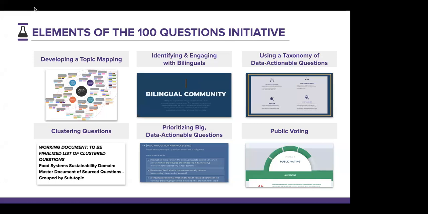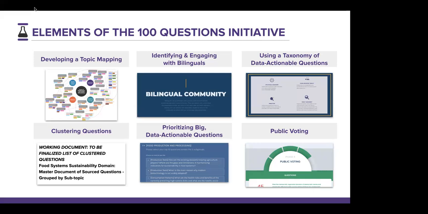Subsequently, we cluster those questions, because it turns out that this community of bilinguals typically comprises about 100 individuals, and of course several of them have similar questions. By clustering, we see a pattern emerging of priority questions that there is consensus about, the questions that matter to advance understanding about the problem, or how we can solve the problem.